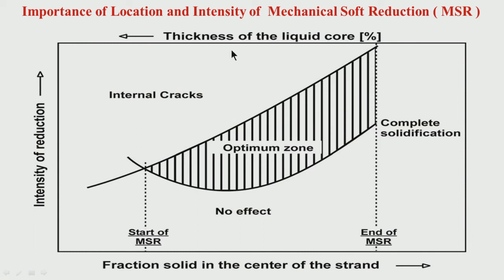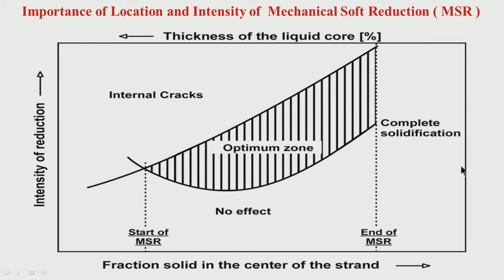Now you see here, you start the mechanical soft reduction at a certain location, and you finish it at a certain location. Where are you finishing? Where the complete solidification is there. Beyond that you are not putting any soft reduction. The whole idea of giving mechanical soft reduction is to compensate the shrinkage porosity at the final stage of solidification.